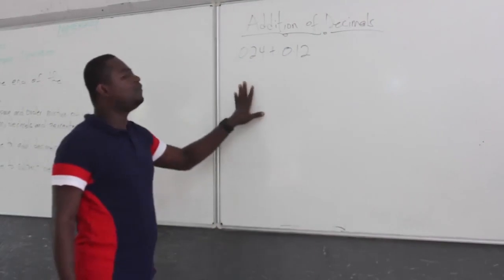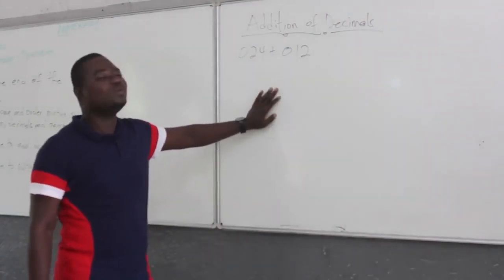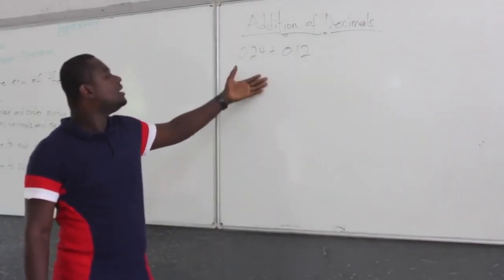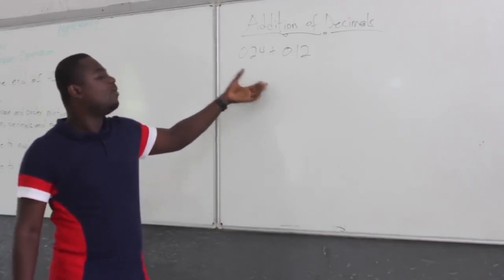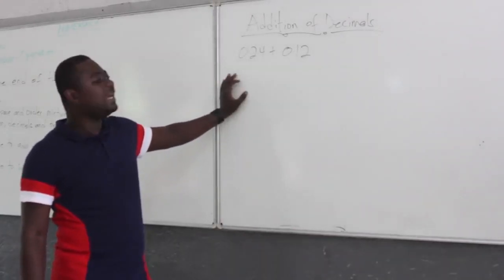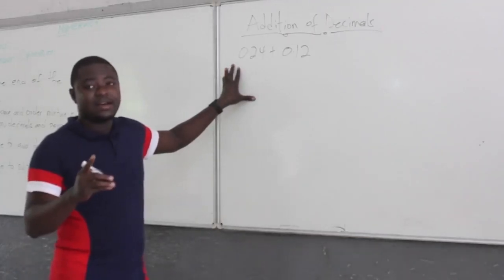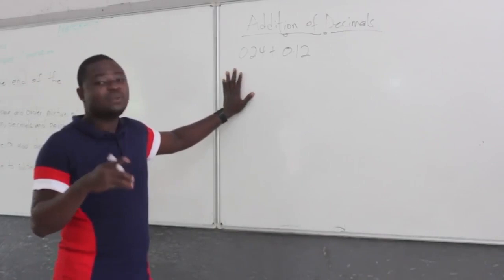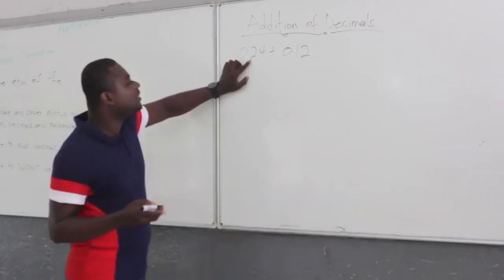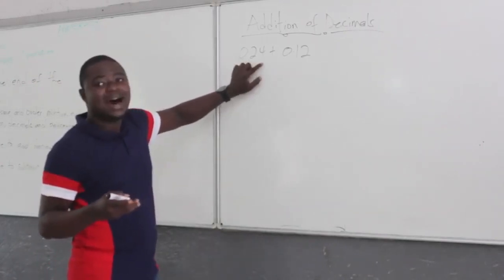So 0.24 plus 0.12. Here, to add these two decimals, what I do is I change them into decimal fractions. Remember, we learned how to change a decimal into a decimal fraction. So this is 10, that's 100.